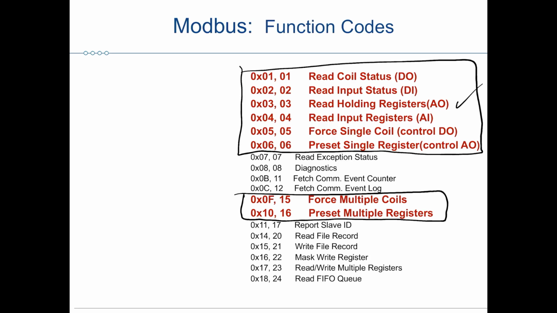Okay, but for the purposes of this course, we'll just understand there are more function codes, but we are going to concentrate on the ones that we see here, bolded in red.